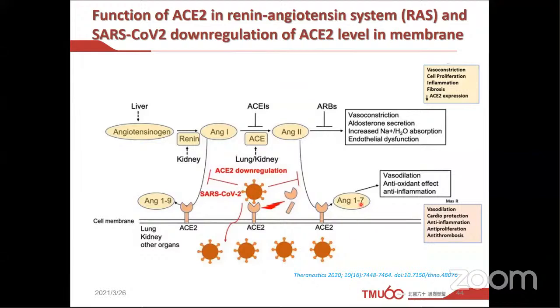Okay, let's go back and look at this one. If you go to this pathway, it is not good for our vasculature and our tissue environment, with high free radicals. Therefore, we can use some inhibitors blocking ACE, the conversion from angiotensin 1 to angiotensin 2, for example these blockers, for treatment of COVID-19 patients.